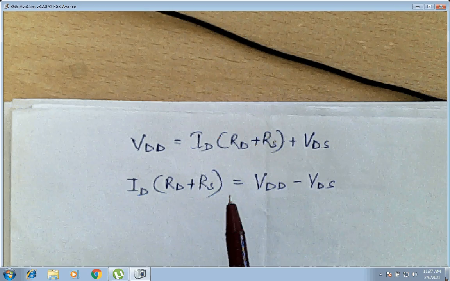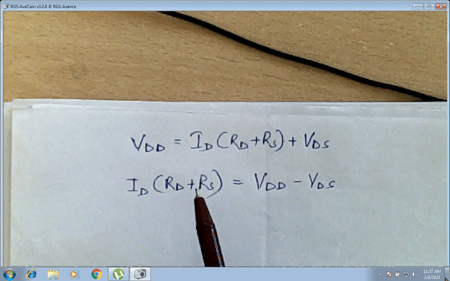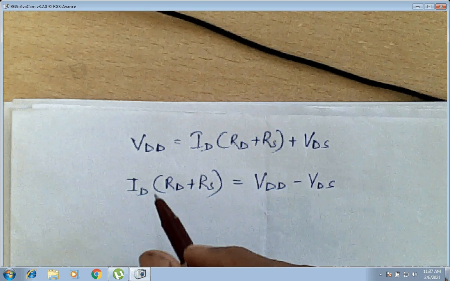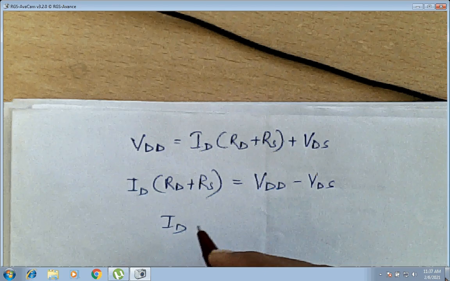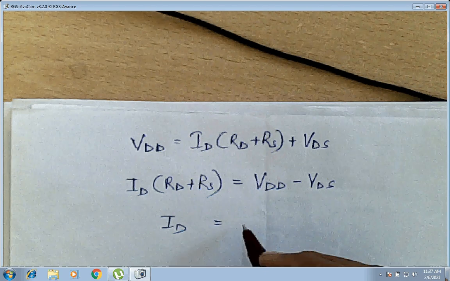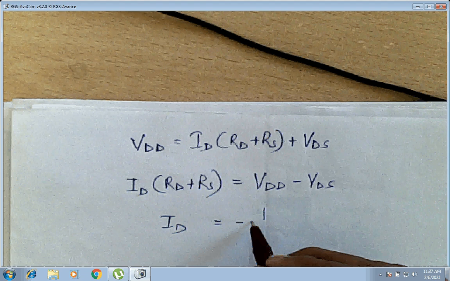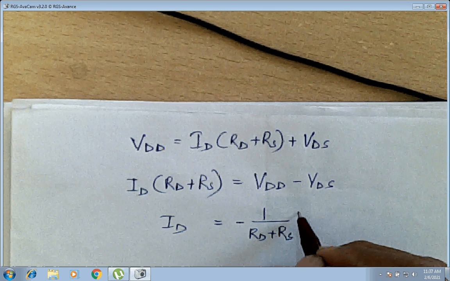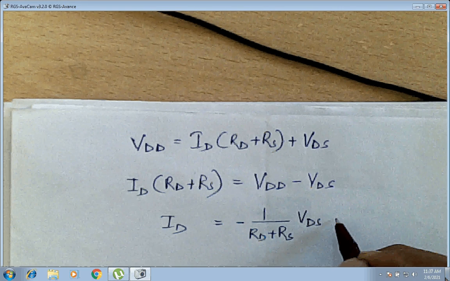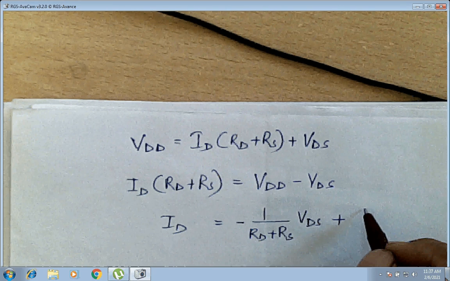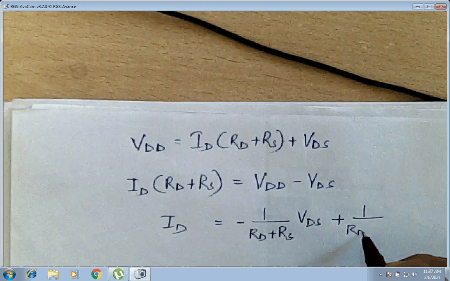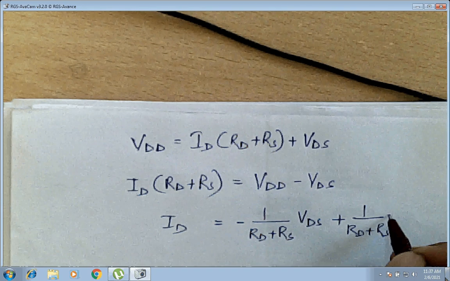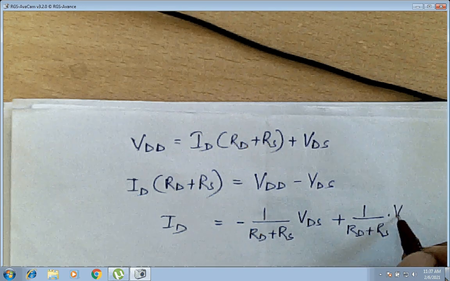So now dividing by RD plus RS on both the sides, I'll be having ID is equal to minus 1 upon RD plus RS into VDS plus 1 upon RD plus RS into VDD.